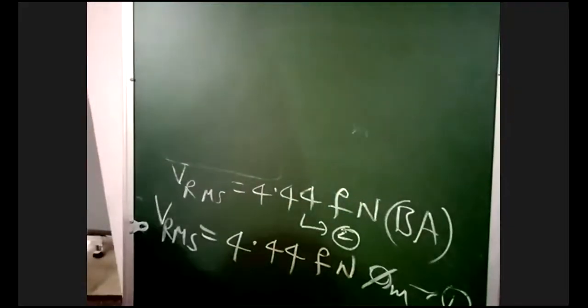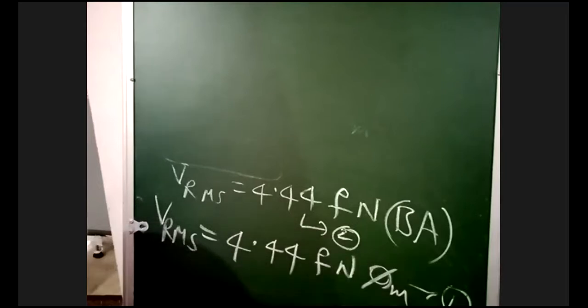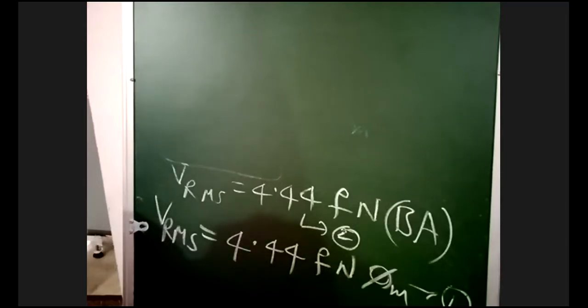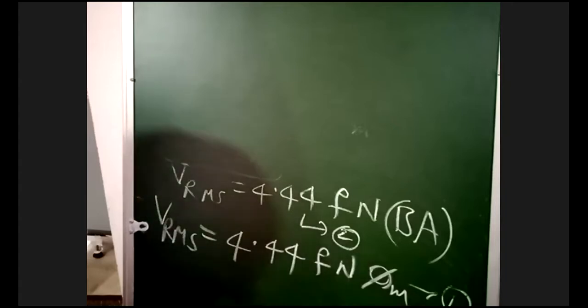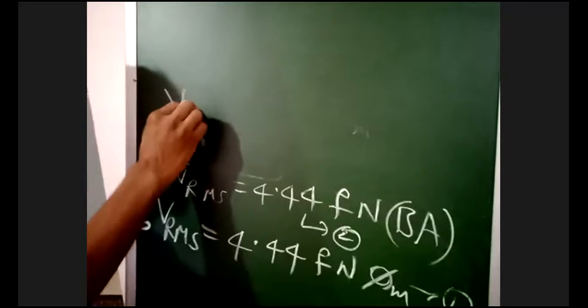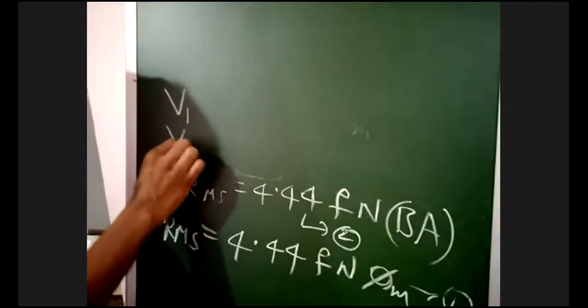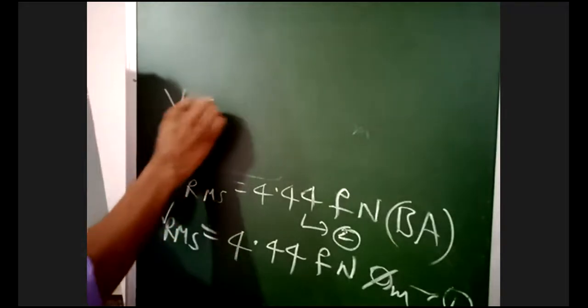Now in a transformer, how many windings are there? Two windings. What are those two windings? Primary and secondary. Primary winding voltage I am taking V1. Secondary winding voltage I am taking V2.